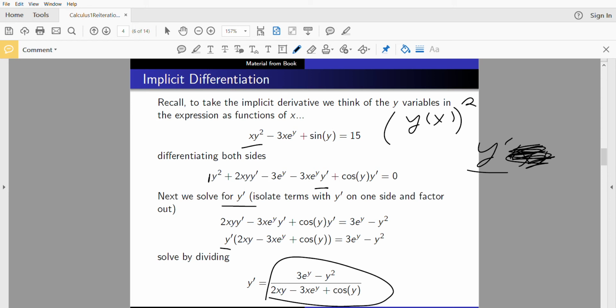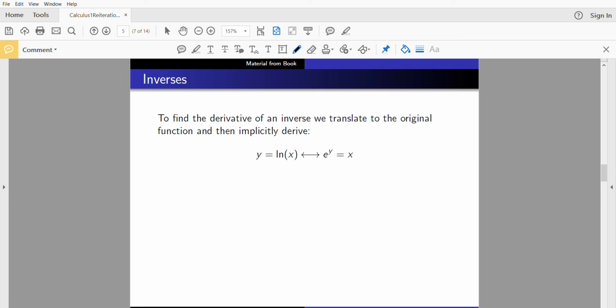And if I have to do a second derivative, I differentiate that expression and then replace all of the y primes that I get with this expression. In this case it's going to be very messy to get the second derivative, so I won't actually do it, but that's the idea. So that implicit derivative is important. In particular, it's very important with the inverse function.